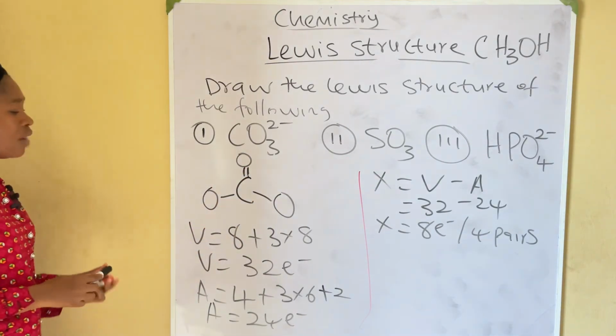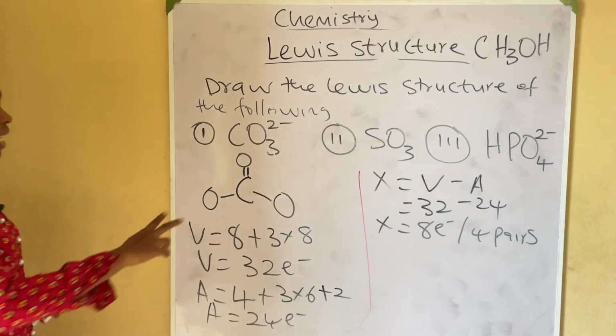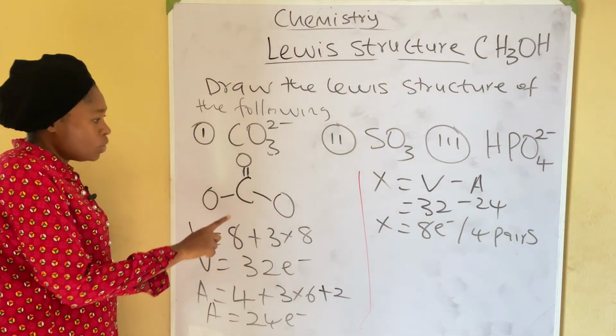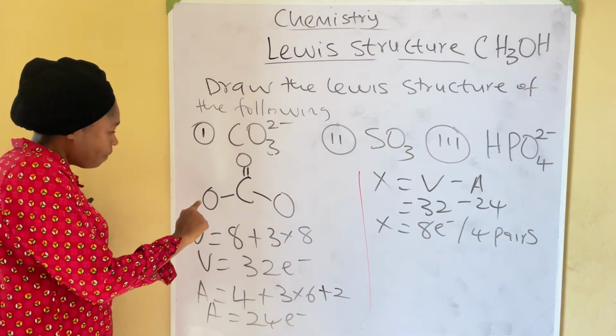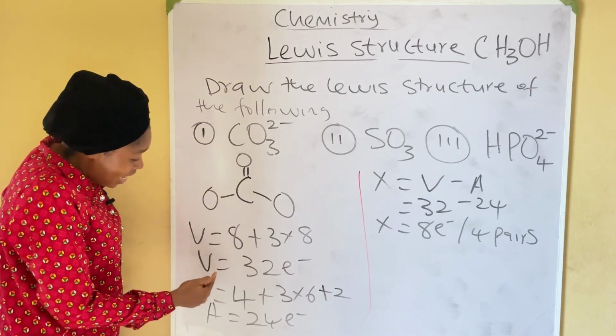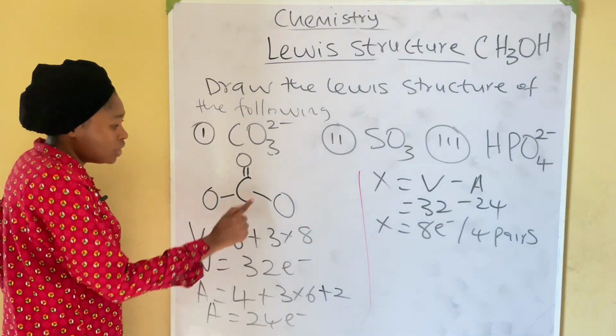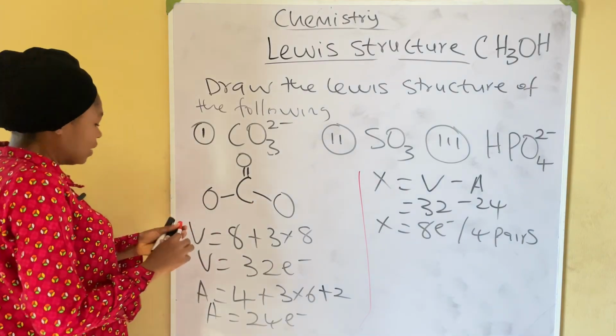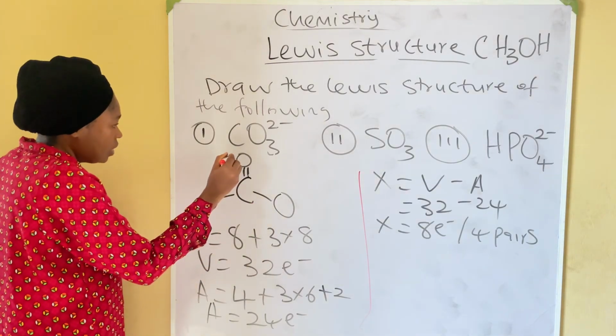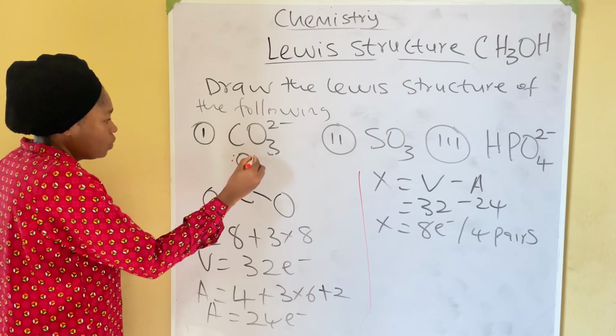So what it means is that 8 electrons have already entered here. We're going to distribute the rest, so that at the end we have 24 available electrons. We must total 24, and 8 has already entered. 9, 10, 11, 12.